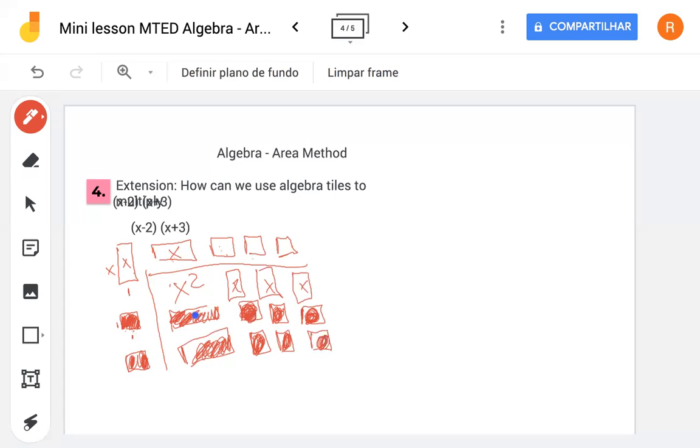As you can see here is a negative x plus a positive x, so this guy will cancel out, and this guy also cancels out here. So what we have left is x squared plus x minus 6. It's minus 6 because now we have both boxes here red.